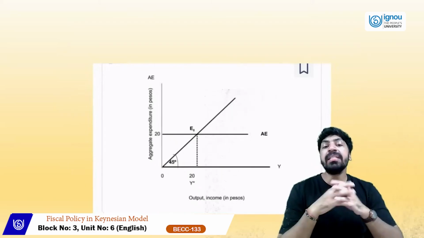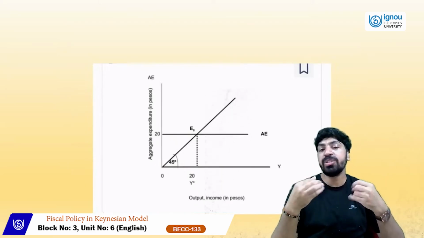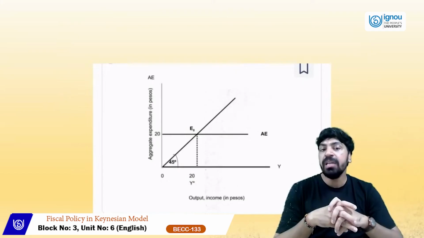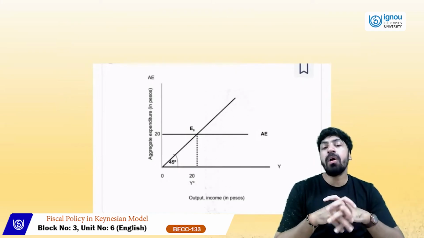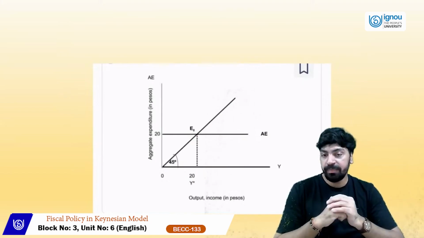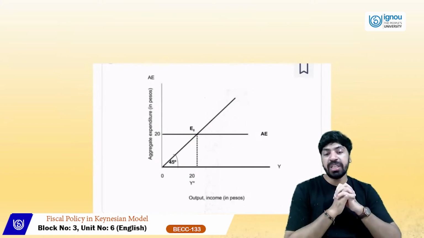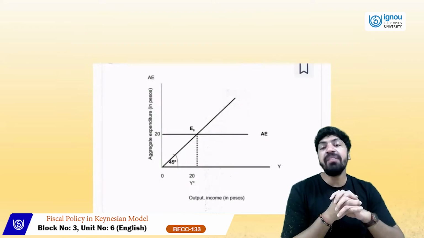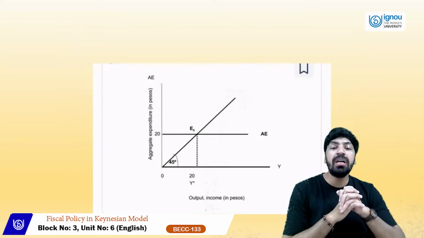That is, AE is equal to Y. That means if the aggregate expenditure is, let's suppose, 20 rupees, then automatically the actual output will also become 20. So how will the equilibrium point be achieved? When the 45-degree angle line intersects the aggregate expenditure curve.